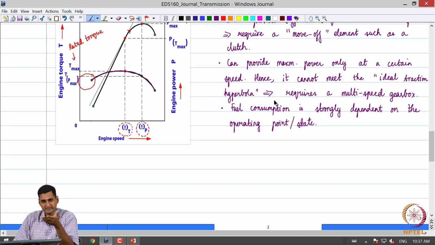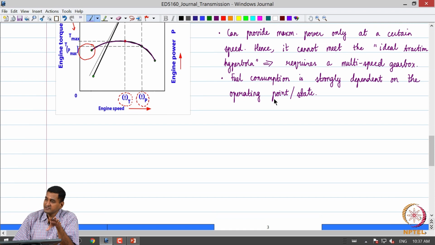So, despite these limitations of IC engines from a perspective of a powertrain, from a perspective of an ideal prime mover, why do you think the internal combustion engine is still popular?